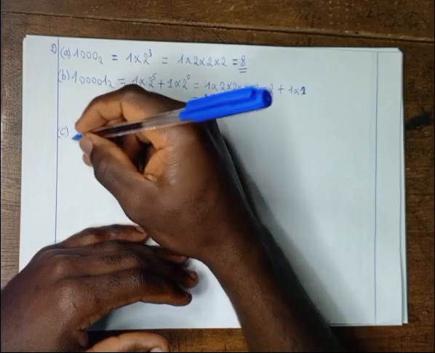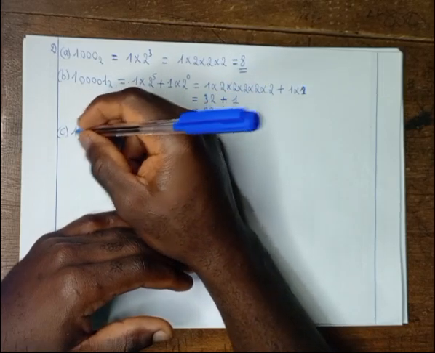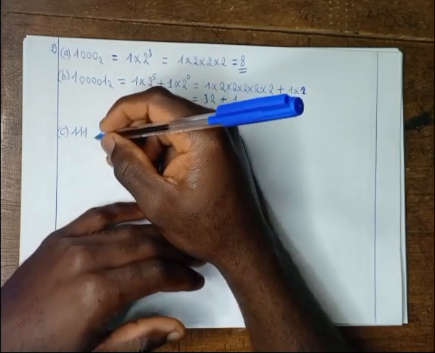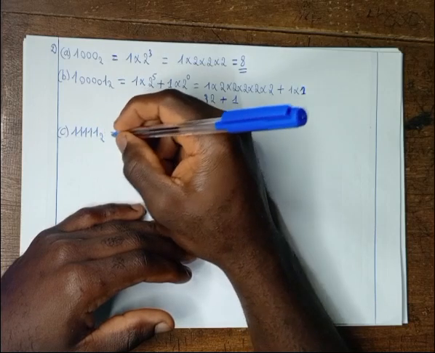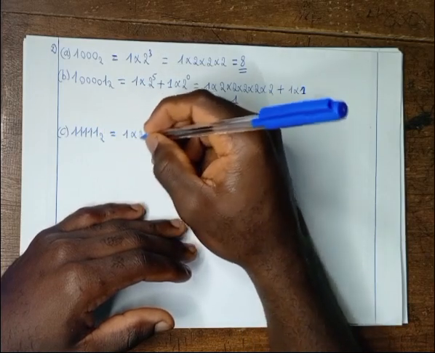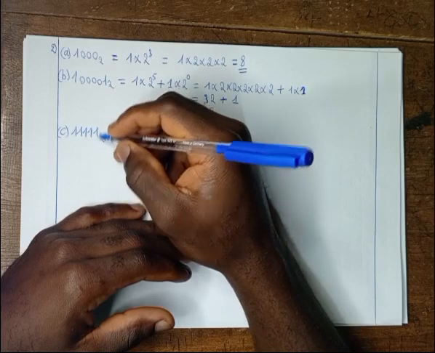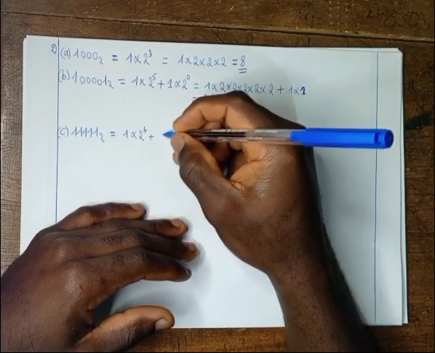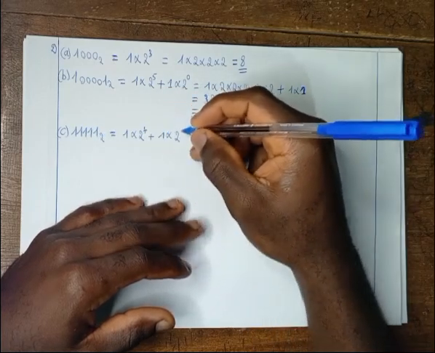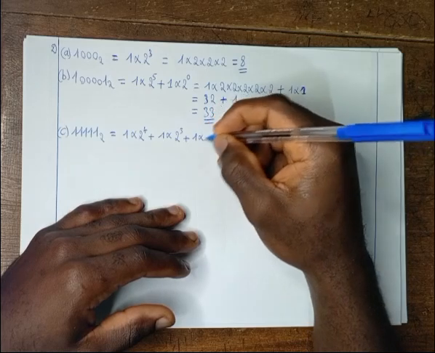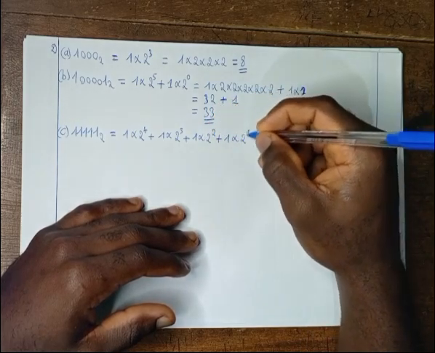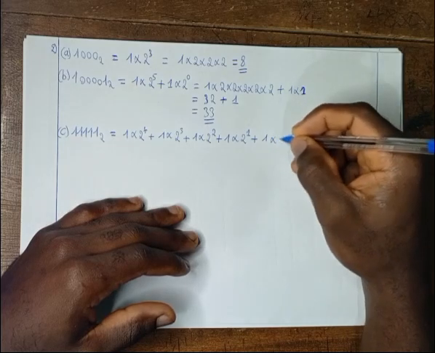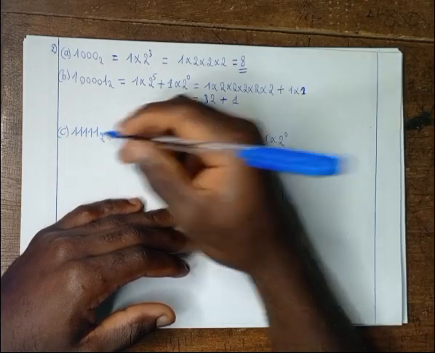Next for C, we have the number 1, 1, 1, 1, 1 in base 2. This will simply be equal to 1 times 2 to the power 4, plus 1 times 2 to the power 3, plus 1 times 2 to the power 2, plus 1 times 2 to the power 1, plus 1 times 2 to the power 0.